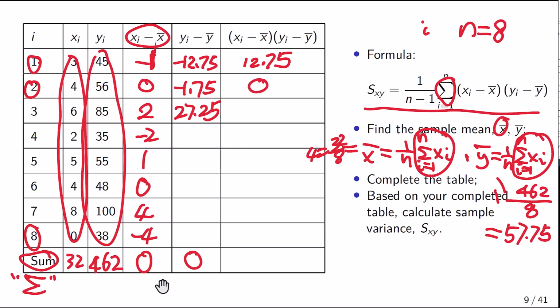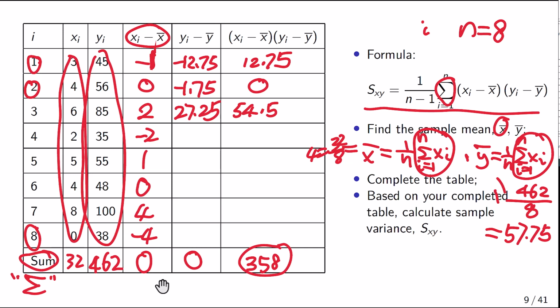And then 2 times 27.25 ends up with 54.5. We can do the rest. We get each of those numbers, and then we get a sum here. This sum definitely is not 0. Please finish this one yourself after that.